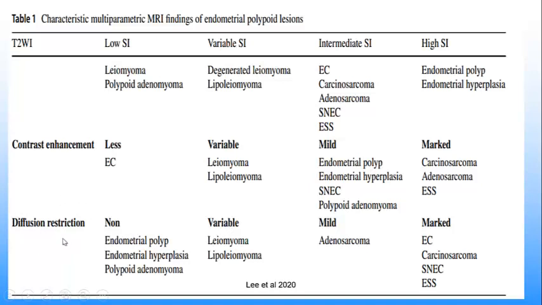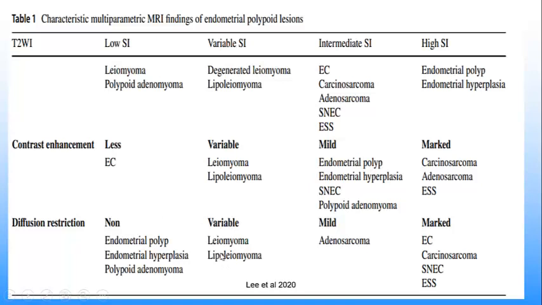Diffusion, what about diffusion restriction? If there is no restriction, we are more with endometrial polyp, endometrial hyperplasia, and polypoid adenomyoma, except if there is hemorrhage; if we have blood spaces, it may cause restriction. If it is variable on diffusion restriction, we have the leiomyoma.